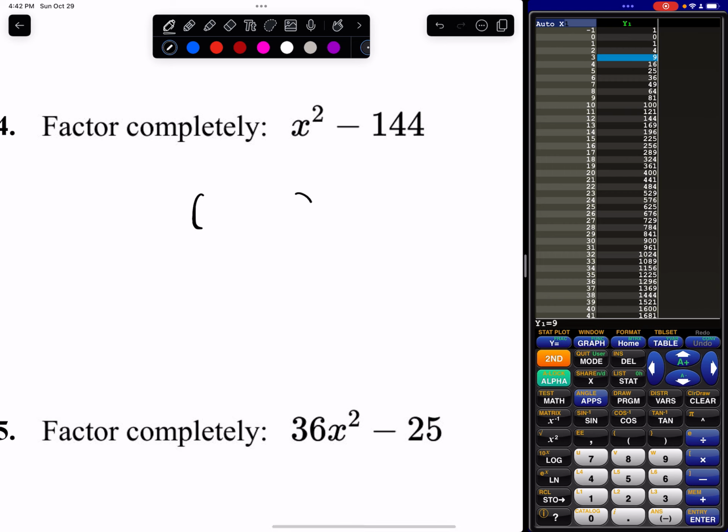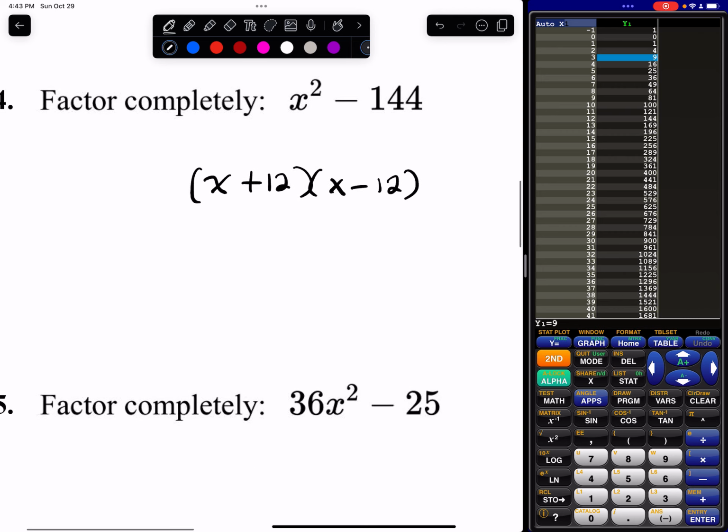So all we need to do to factor this is simply write x plus 12, x minus 12. That is factored completely. We can't go any farther than that. So that's DOTS. It's the difference of two squares.